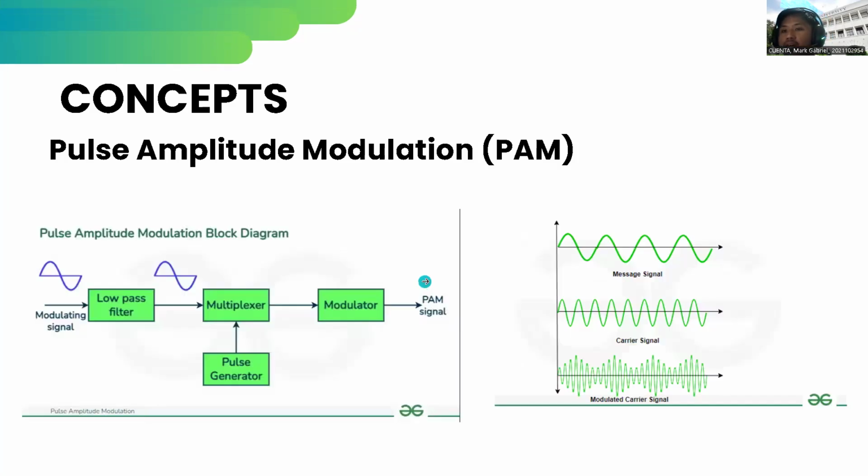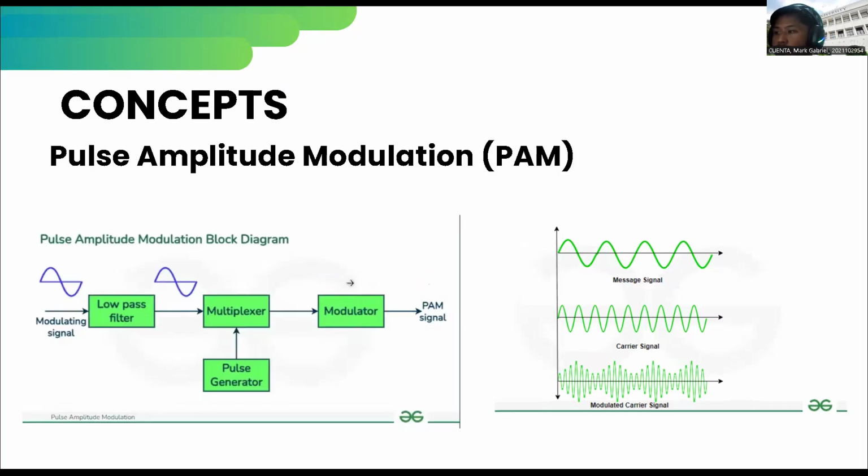Moving on to the concepts, where we can see two block diagrams. The first one on the left side shows how a pulse amplitude modulation signal is generated. The first is the modulating signal or the input, which is your original analog signal, usually a sine wave carrying information.